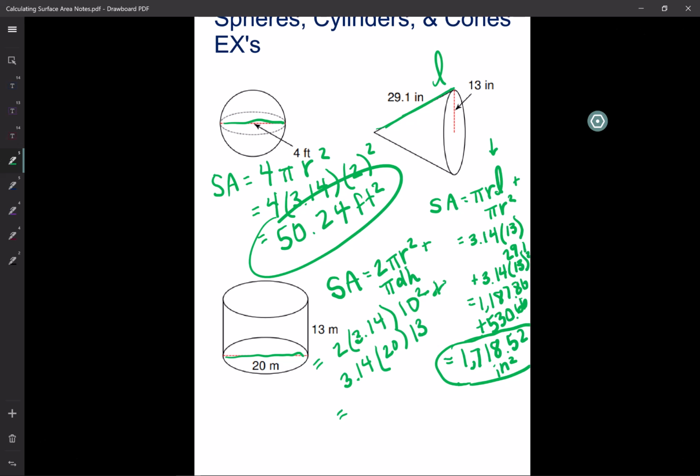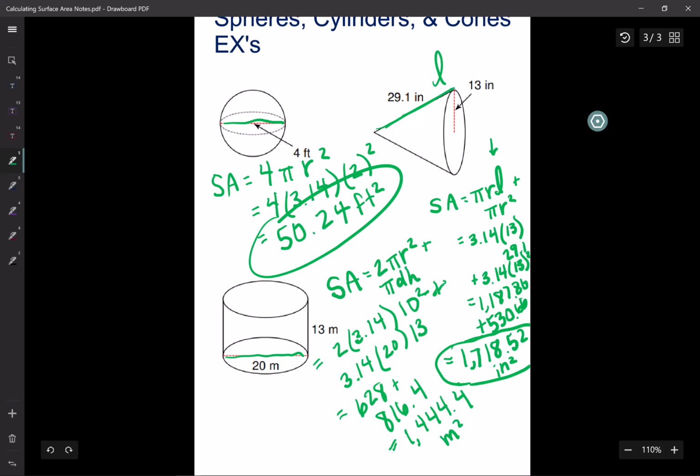So that's 628 plus 816.4, and if we add all that together, I get 1,444.4. Okay, and then remember your units squared.